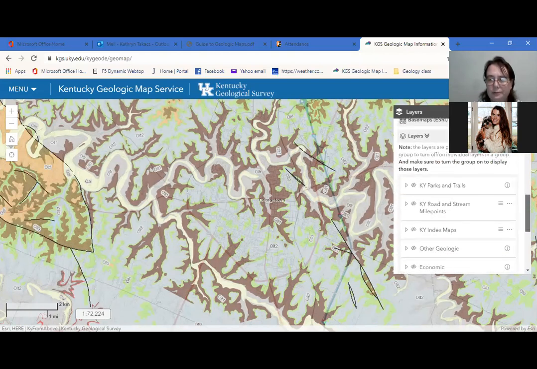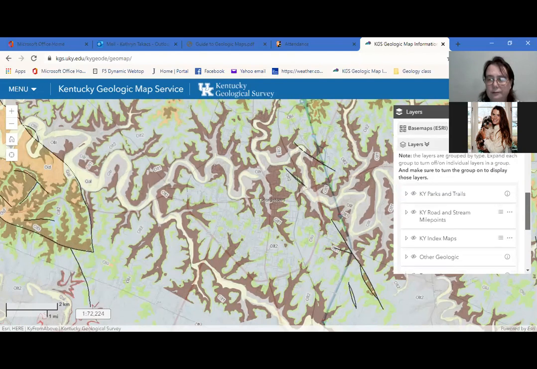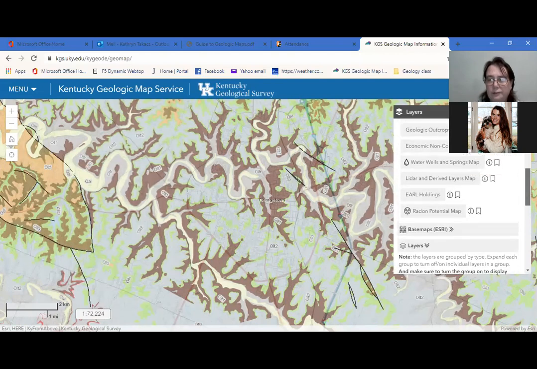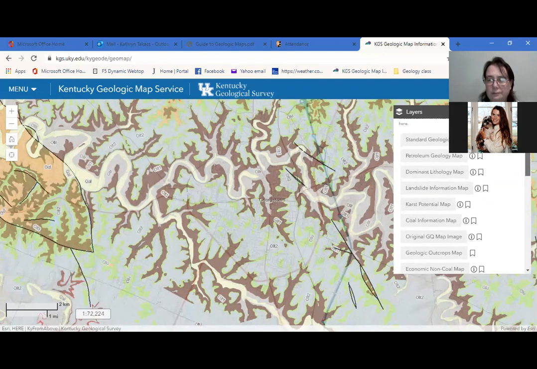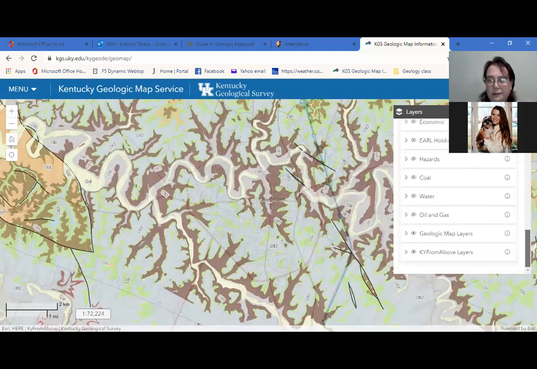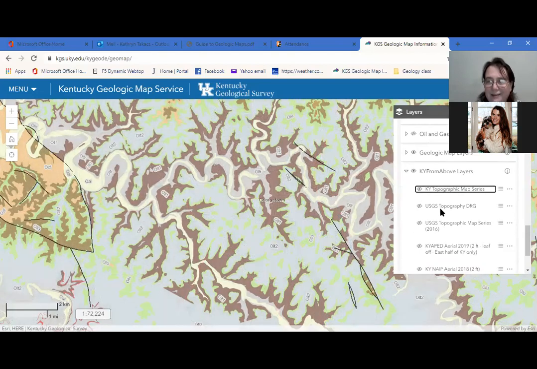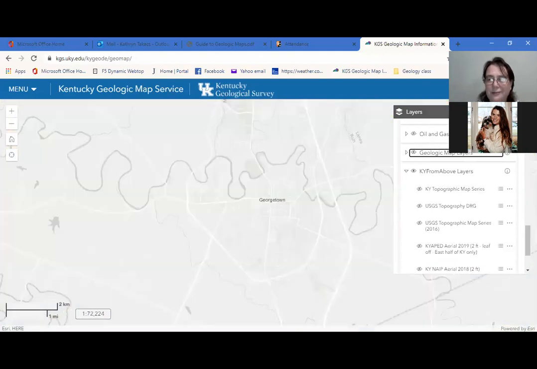What I want to do is turn on, they have changed this. This is a different GIS server, and I never liked it. Here it is. Okay. You can turn on the topo series and turn off the geology.